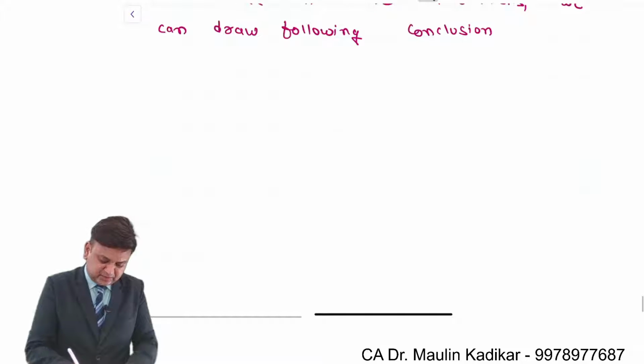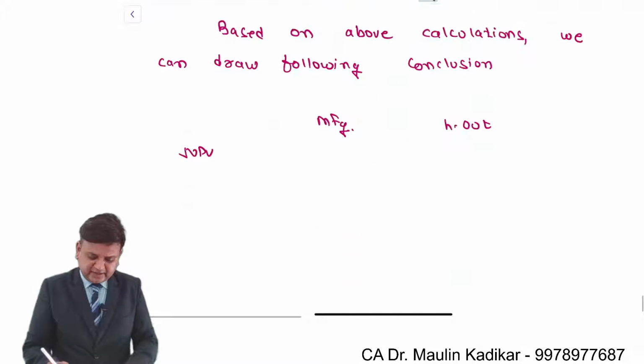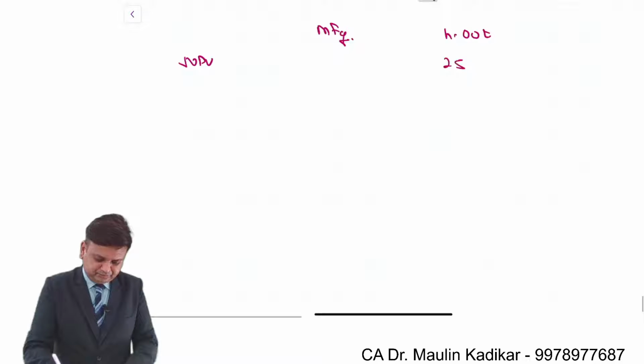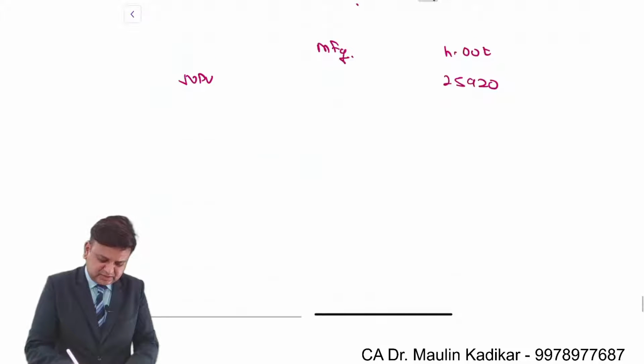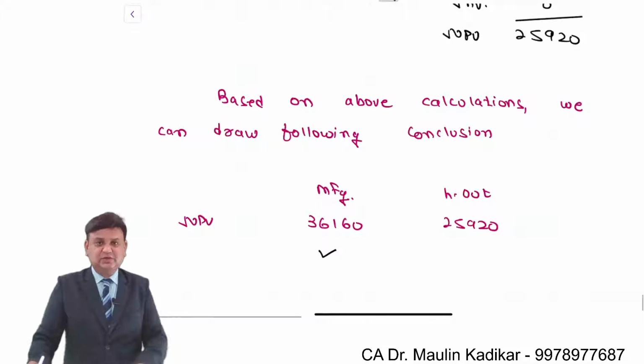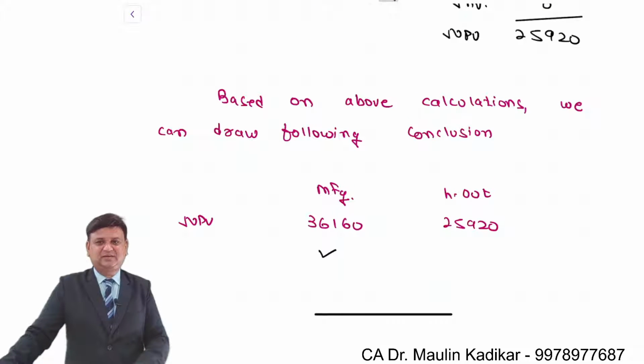The first option is manufacturing, the second option is let out, NPV 25920 and 36160. So we go for the first option, manufacturing.